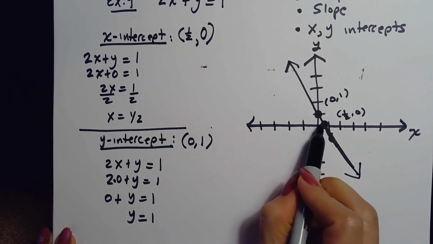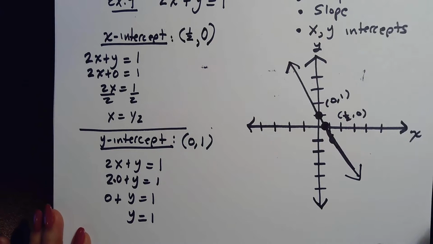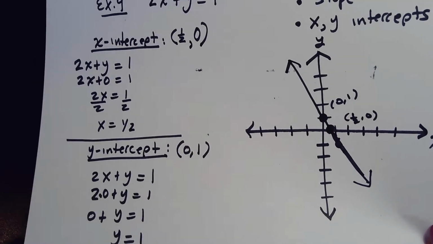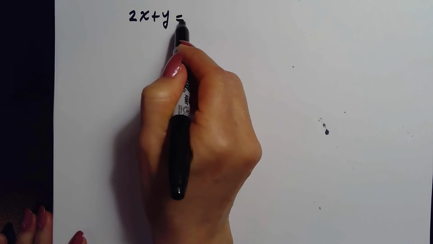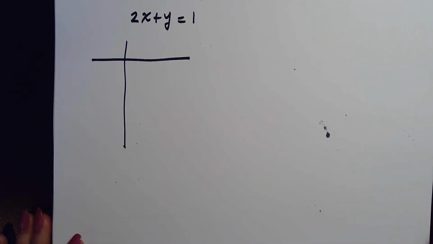These 2 points, you could have found many other points. What's another way you can find points for this line? Let me show you how else you can find more points. You have this equation, 2x plus y equals 1, and say you want to find other points, not just the x-intercept or the y-intercept.